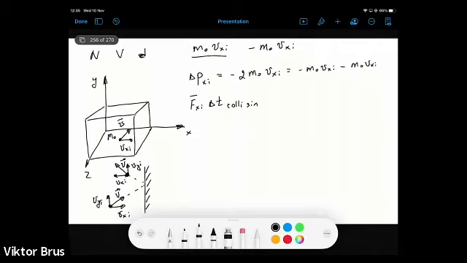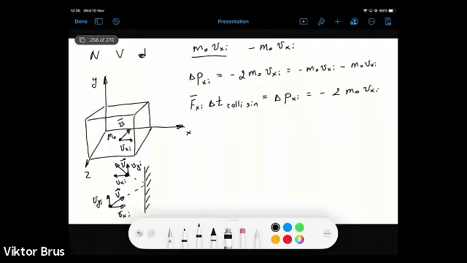That is called the impulse of this force, and it is equal to the change of linear momentum delta p xi, which is equal to minus 2 m naught times Vxi. So Fxi is some average force in this direction x, which acts on the molecule.